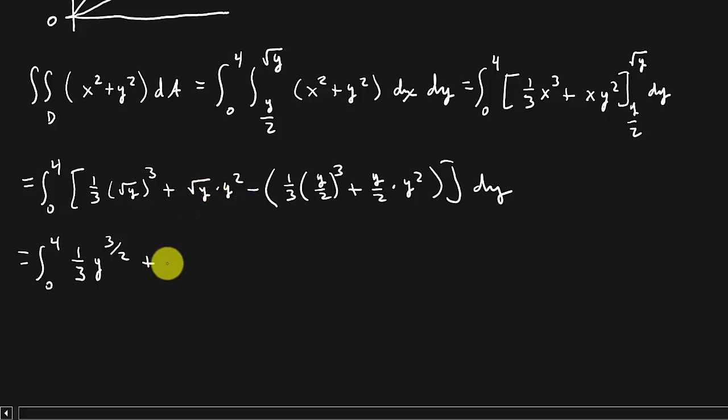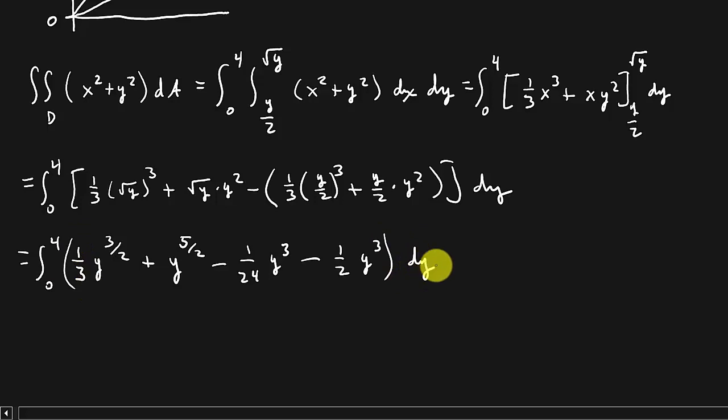So 1/2 plus 2, that's going to be y to the 5/2, minus, and that's y cubed over 8, which is going to be, let's write it like this, 1 over 24 y cubed. And then minus, distribute that minus 1/2 y cubed.